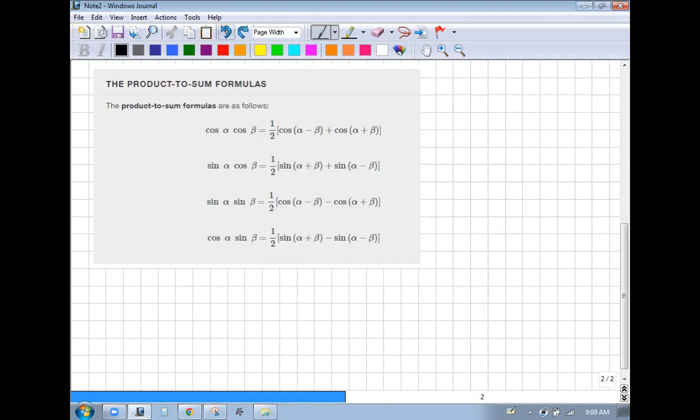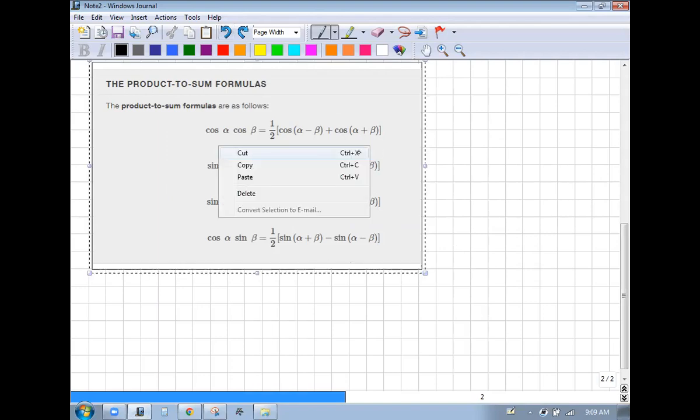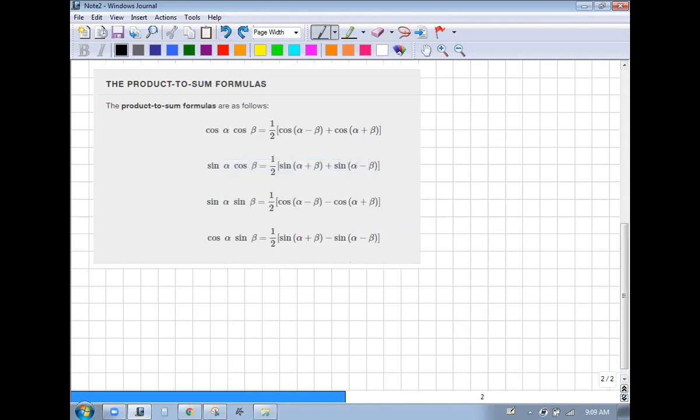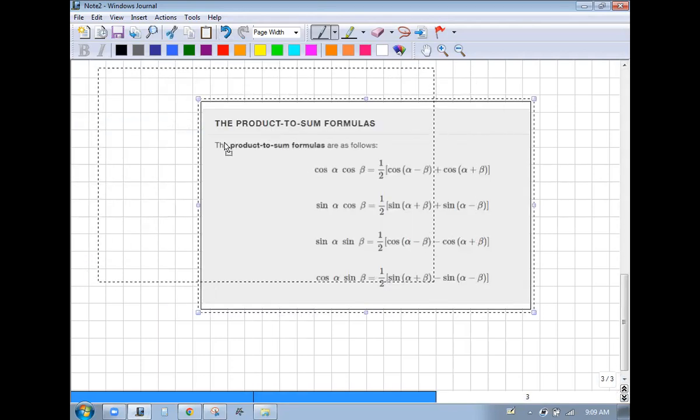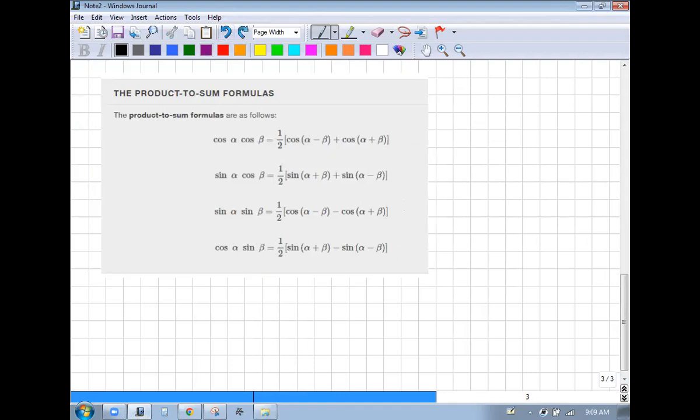Well, if we have product to sum, we also want sum to product, okay? To do a sum to product, that's your product to sum going the other way, right? If I put the 2 back over here, if I call this angle X and that angle Y, all I'm doing is renaming my alphas and betas. Does that make sense?